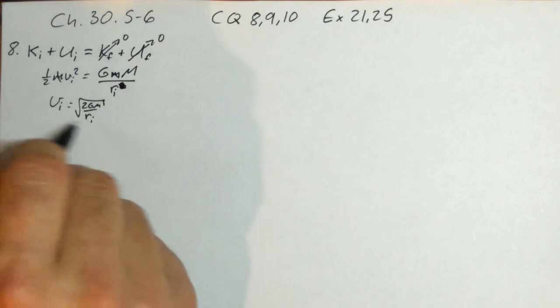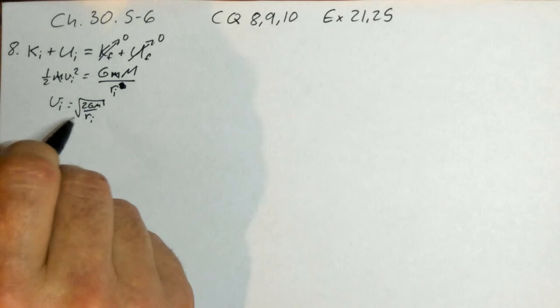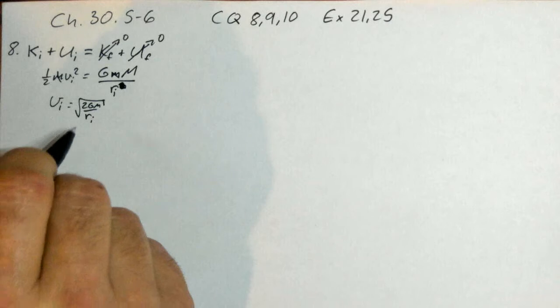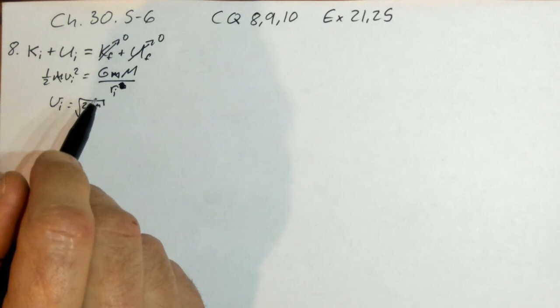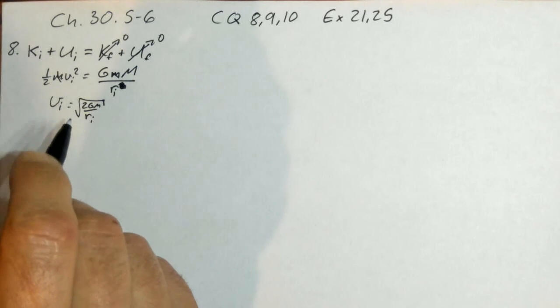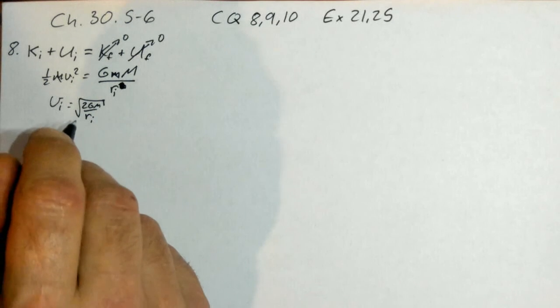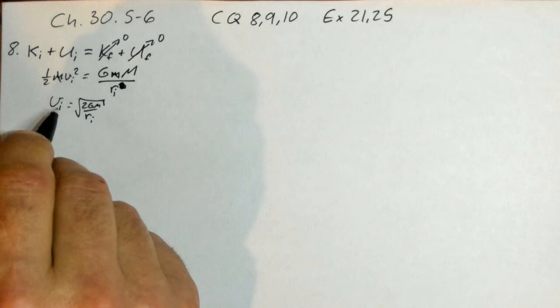Okay, so with that, we can now calculate what this initial speed is. And if you put in the numbers for the Earth, you'll get something around 11,000, 12,000 meters per second. That's booking it. It's really, really fast. All right, so let's go ahead and do it for this problem now.